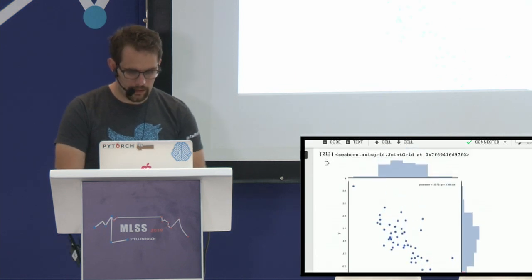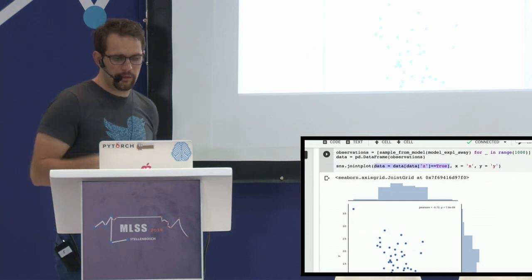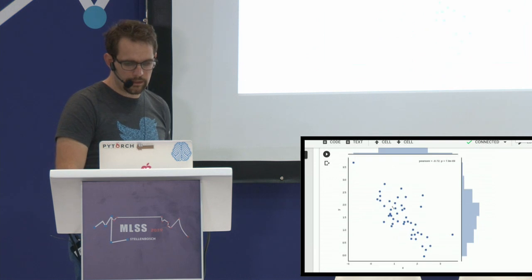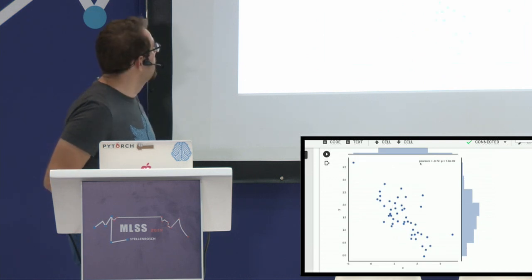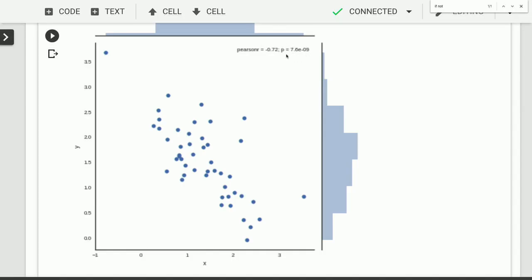but if I now plot only the stuff that's left after the filtering for z equals true, now I see a negative correlation. And this joint plot is so nice that it also automatically calculates the Pearson correlation and the p-value. And the p-value is very small. It's 10 to the minus 9 times something. So this means that there is a statistically significant negative correlation.